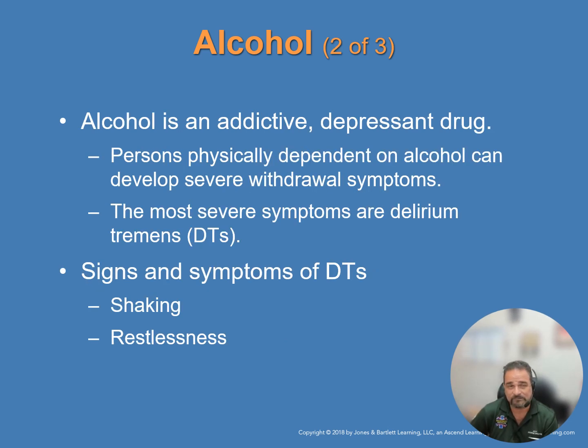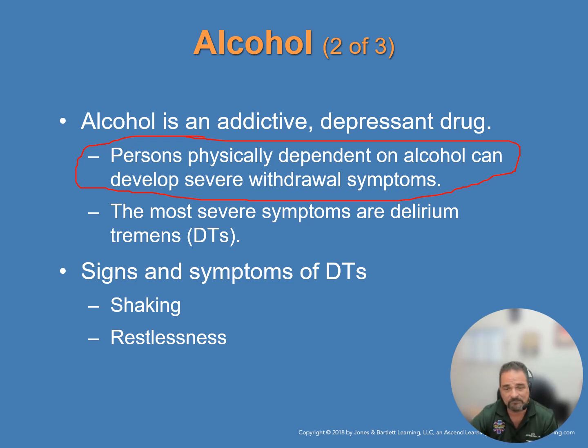Alcohol is an addictive depressant type of drug. Persons physically dependent on alcohol can also develop withdrawal symptoms when they're away from it. The most severe symptoms include what we call DTs, or delirium tremens. Signs and symptoms of the DTs include shakiness or restlessness. It's also seen in an alcoholic who has been an alcoholic for quite some time and is now suddenly trying to quit, or somebody who was on a binge, drinking a lot for a long or short period of time and then stopping.